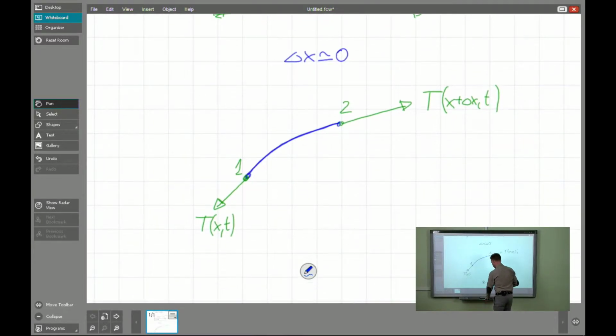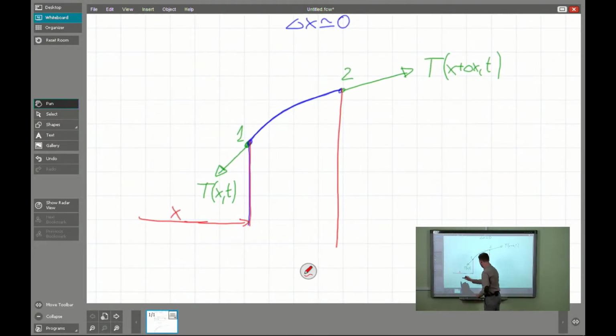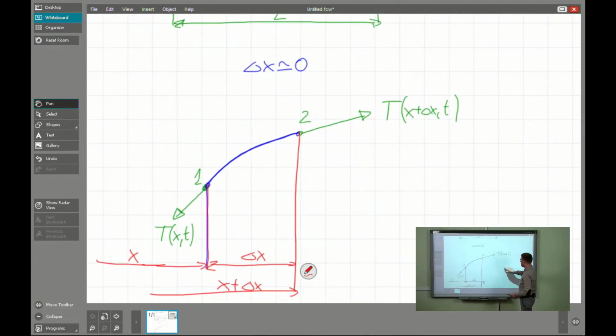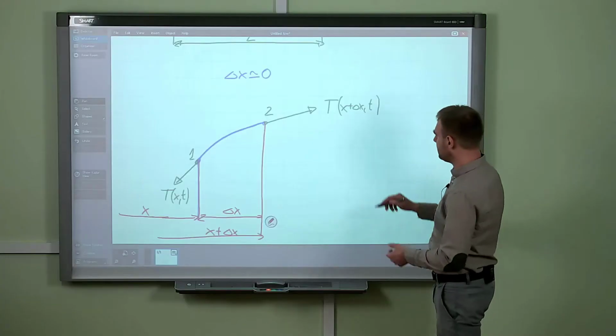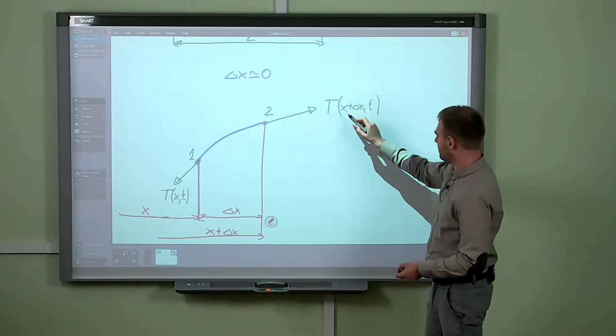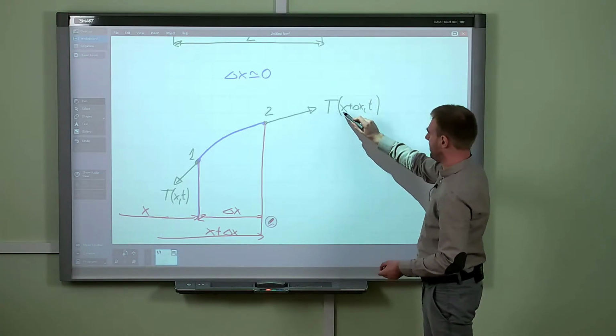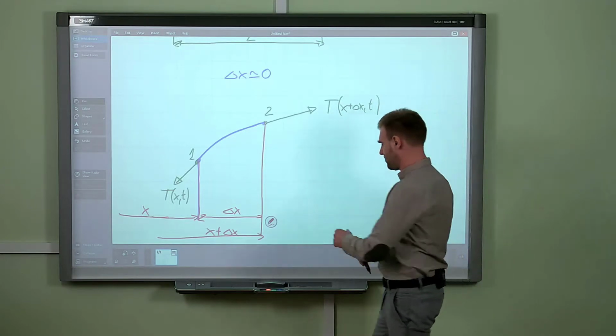It means that our coordinate frame, our reference frame, is as follows. Here we have the x position, the distance from the beginning, and here we have the position x plus dx, because that distance is exactly dx.